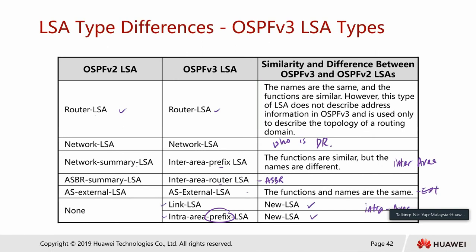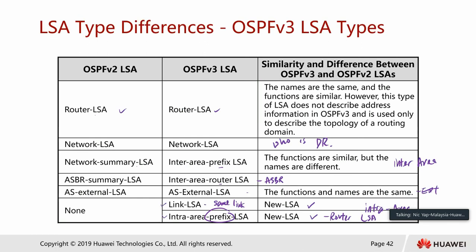First, on the intra area, this is on the link layer, only between the same link. This one will be very similar to the router LSA that we were talking about, how they exchange using the router LSA. So far, okay? On the intra area, and also the link LSA.